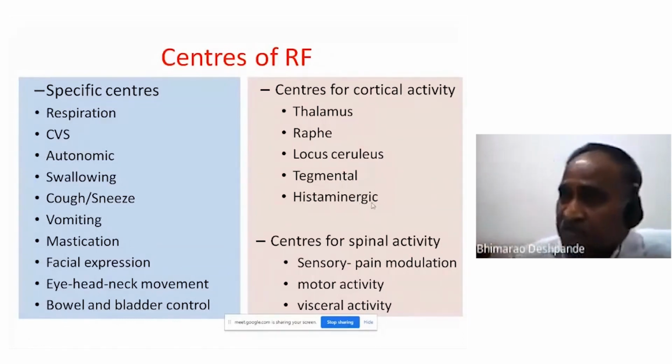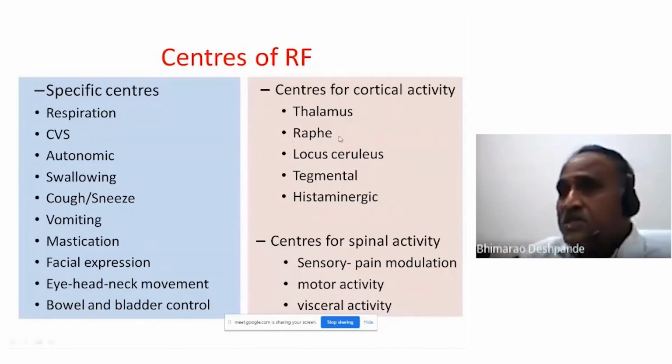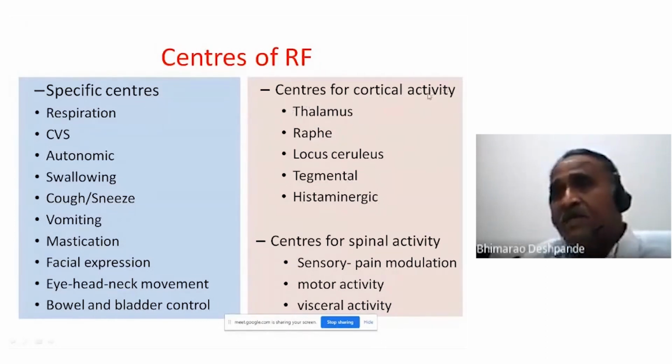So these are the centers for arousal response, the raphe nucleus for sleep, the tegmental for activity, and histaminergic for sleep behavior. These are the centers for cortical activity. The foremost is the arousal response, keeping you awake.